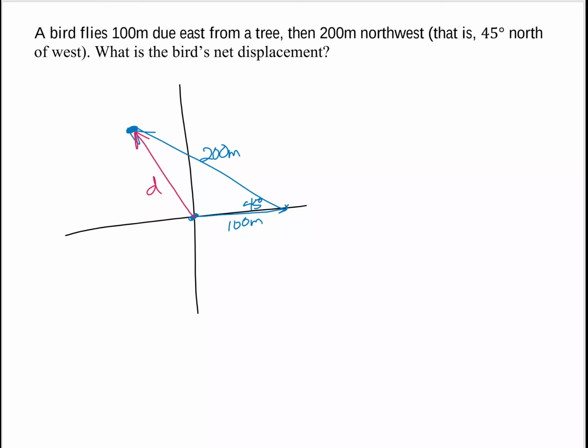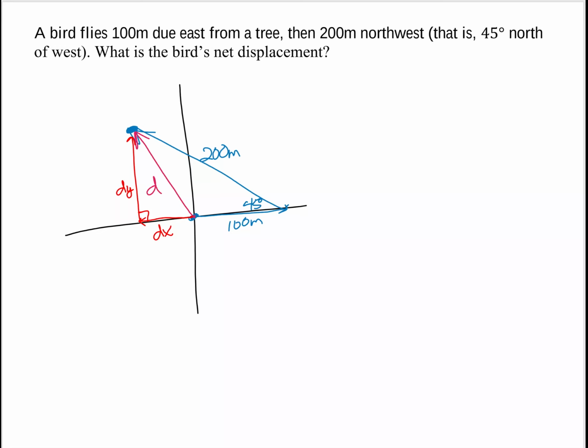So the displacement vector becomes from here over to here, d sub x, and up to here, d sub y. Okay, we have a right angle right there. Good so far?